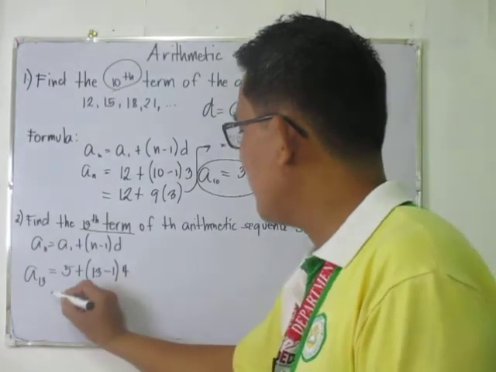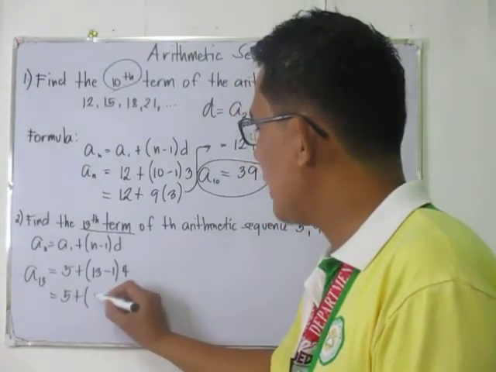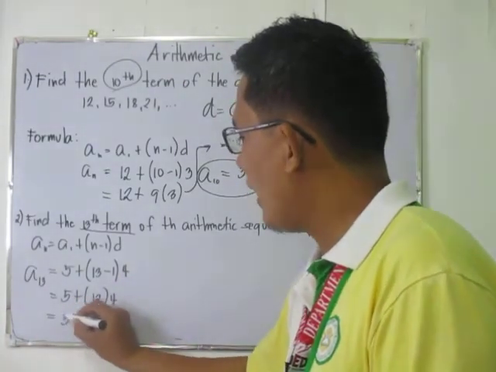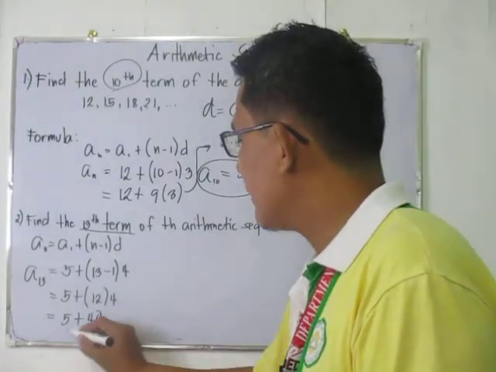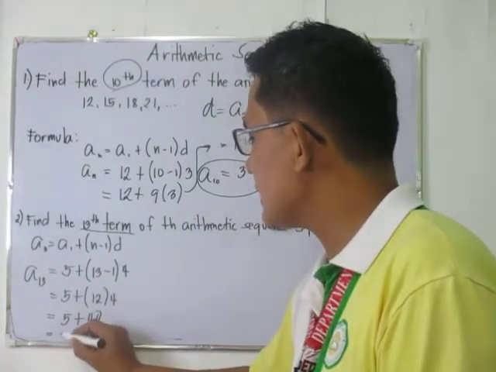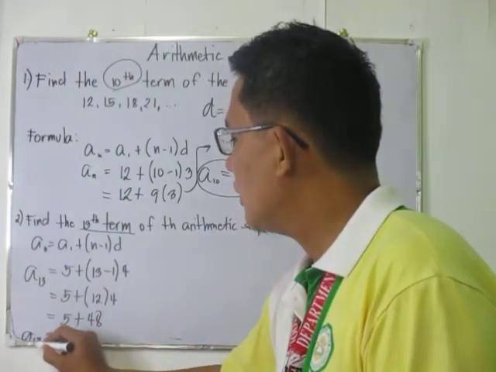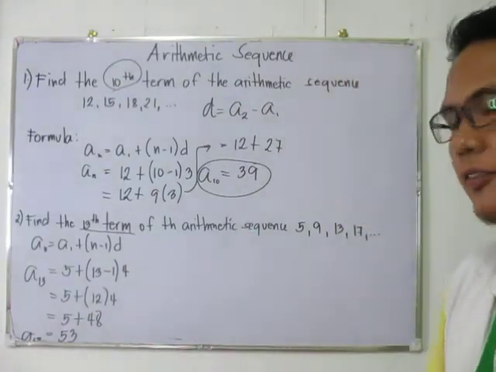Let's simplify. This becomes 5 plus, what is 30 minus 1? That is 29 times 4. Copy 5. 29 times 4 is 116, and 116 plus 5 is 121. Therefore, our 30th term is 121.